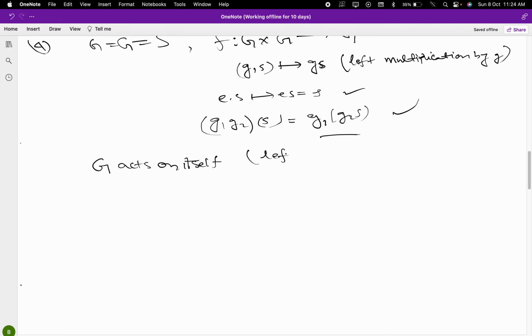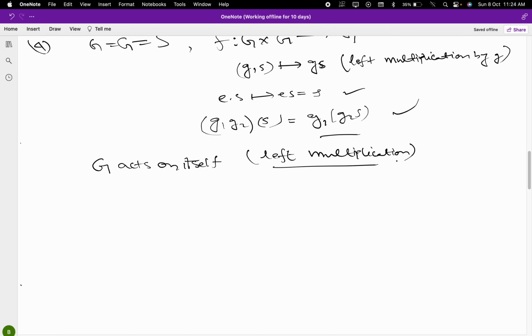We can also define right multiplication. This is actually the same. You can try yourself. This is actually called left multiplication.